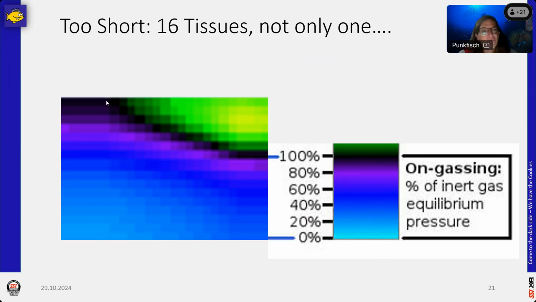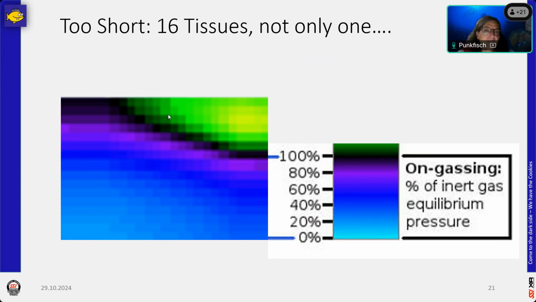They are fully saturated. And the slightly slower ones reach like their 80%, their 60%, and the slow ones did not even really start to saturate in our normal recreational dives. Even in a longer technical dive, they are not really effective within 90 minutes or so. You remember, they have a half time of more than 10 hours, so they are not bothered at all.